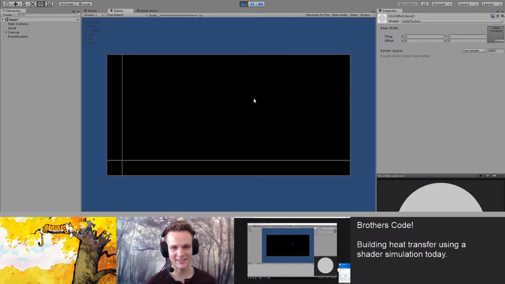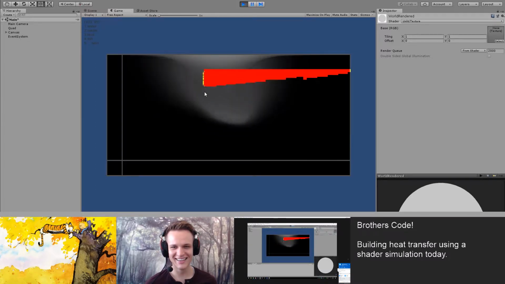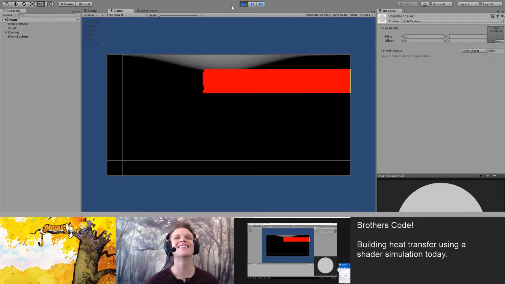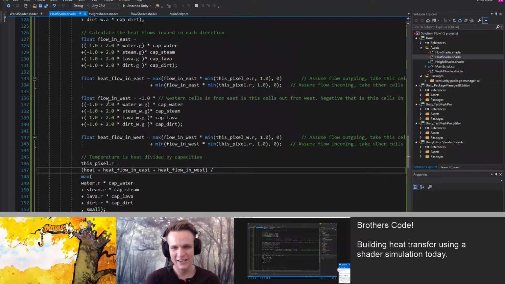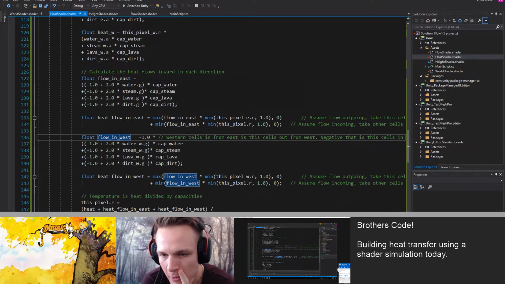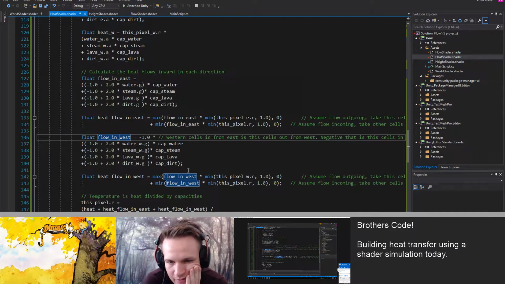I've got everything crossed. Oh no! You've got to be kidding me. What did I do? Hold on. Flow in from the west is the water west green component, rescaled, mapped to the correct range. And then if you are flowing from the west, the heat flow is flowing in from the west.